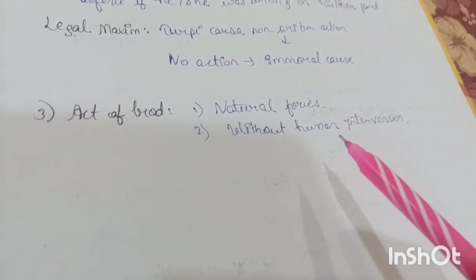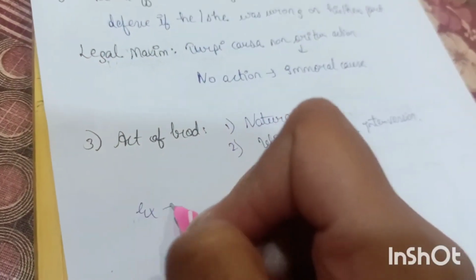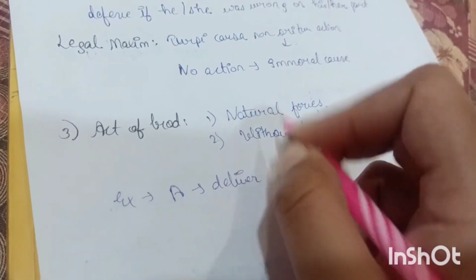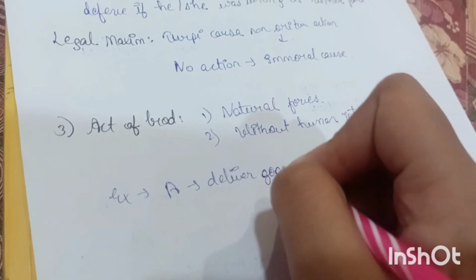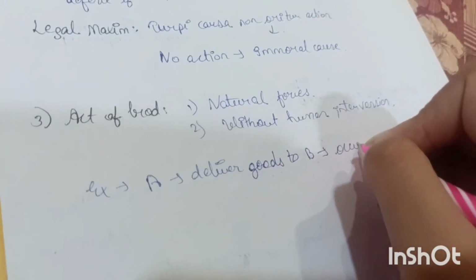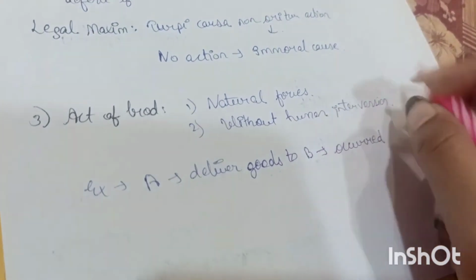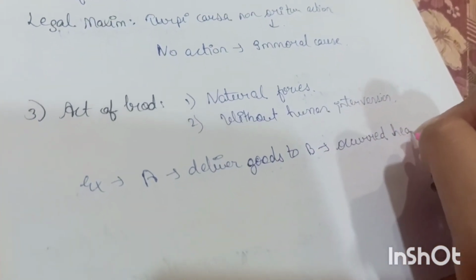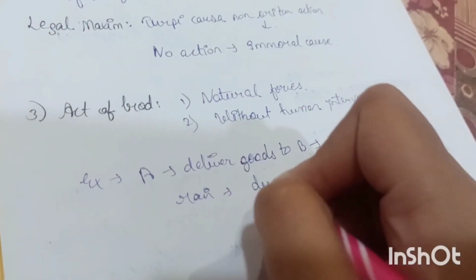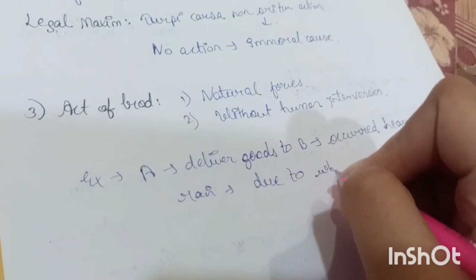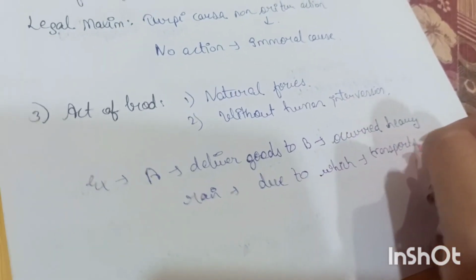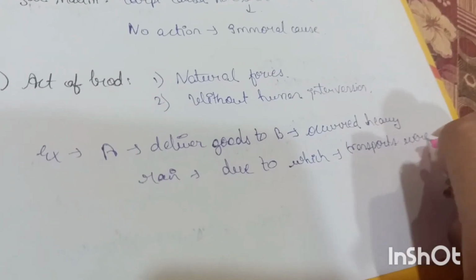So you can take the example as a person A has to deliver goods to person B, but there occurred heavy rain, due to which transport was stopped.